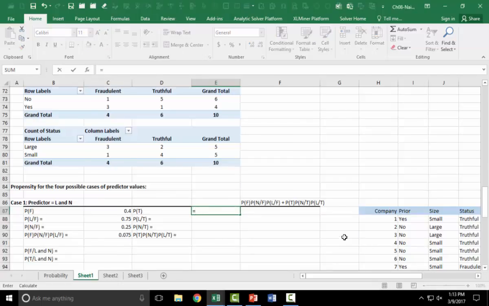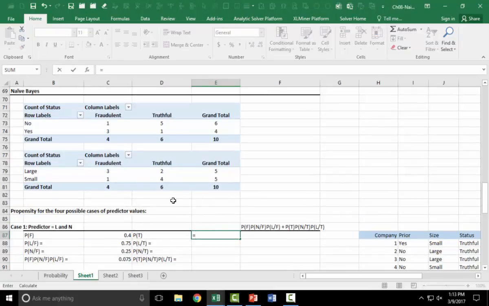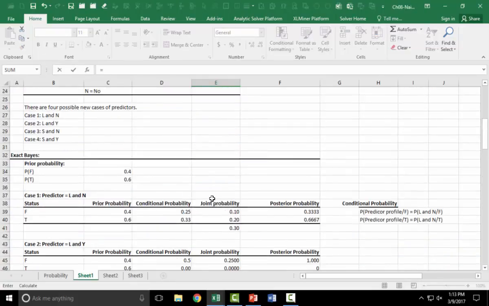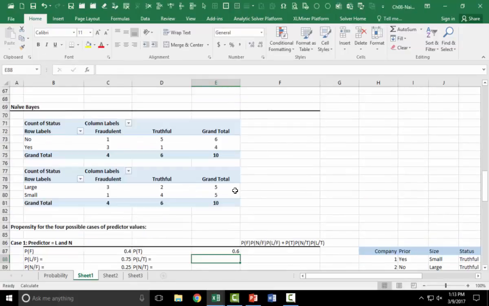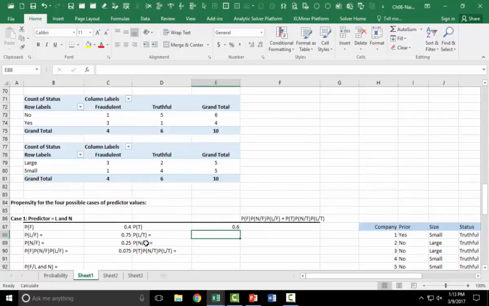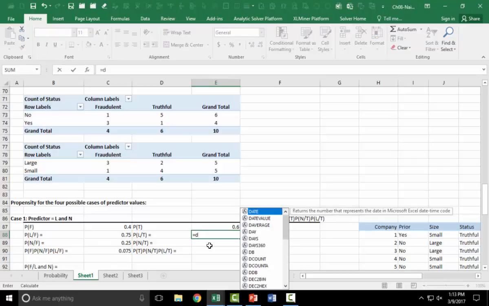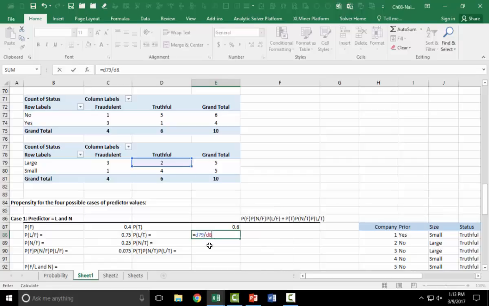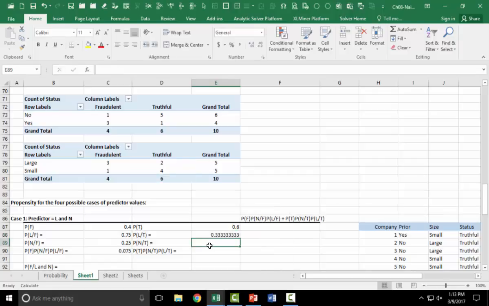That would be the probability of T, which we already have, or we can compute it again. Now this time, using this column, we set up these two probabilities. Probability of L will be D79 divided by D81.